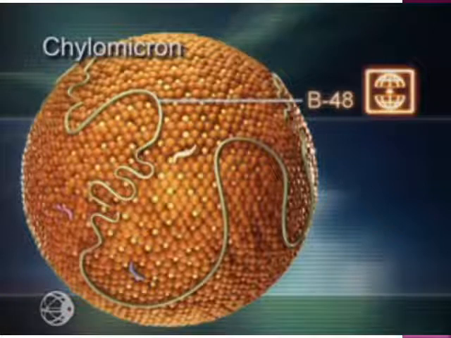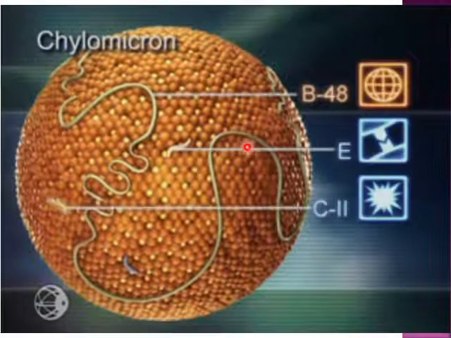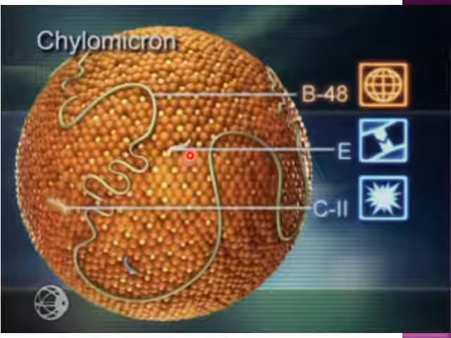Chylomicron, as I mentioned, is made from the dietary lipids, so it contains mostly triacylglycerol. For its apolipoproteins, it contains ApoB48. It is the biggest protein in the chylomicron structure, and we also have two other smaller apoproteins, including ApoE and ApoC2.